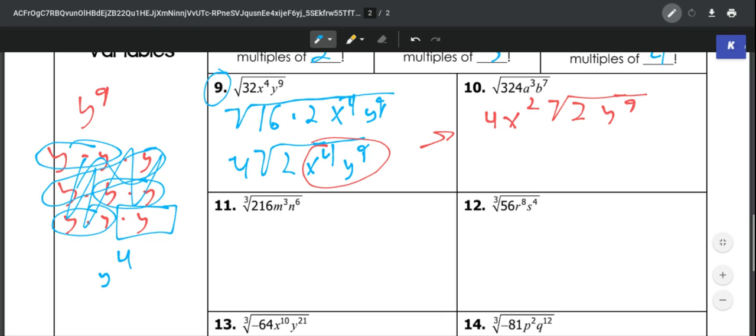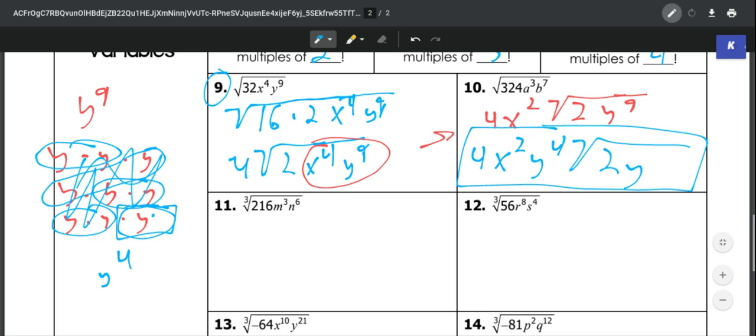So we would have what we've already taken out, 4x squared, and we're going to take out y to the 4th. What would stay in is this one y, which would just stay under the radical. So whatever's left over, whatever's your remainder, just stays inside the radical. So your final answer would be 4x squared y to the 4th times radical 2y.